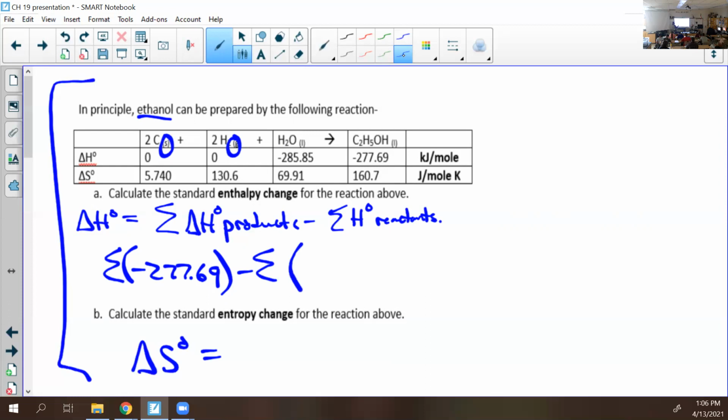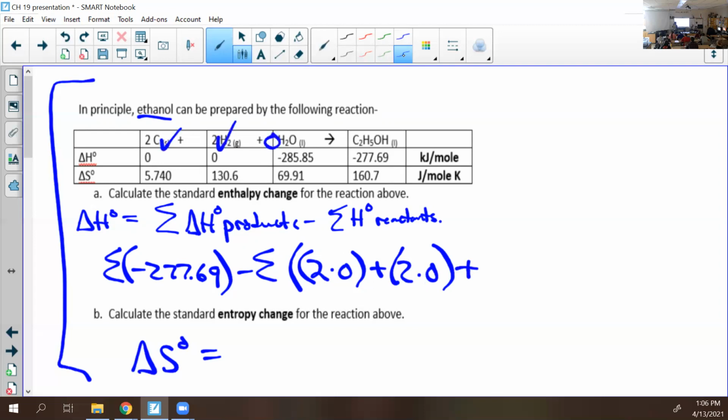All right. This is very nice for delta H because these are zeros, right? Because they're in their elementary form. I'll still put them just to be annoying, but it'd be 2 times 0. You with me? Where'd the 2 come from? Coefficients plus 2 times 0 plus, that takes care of these two.